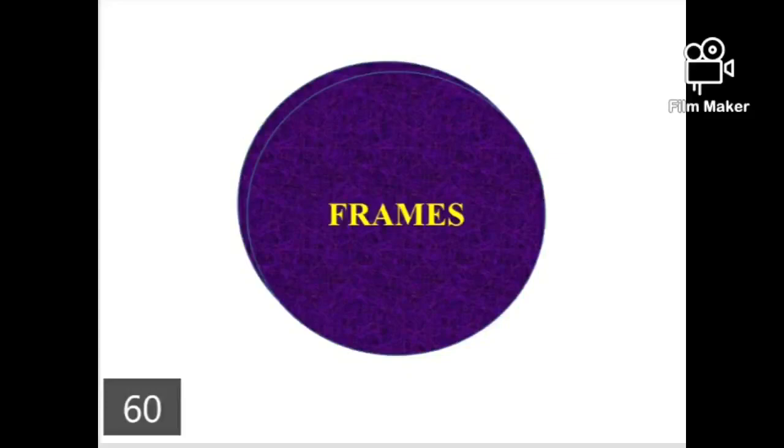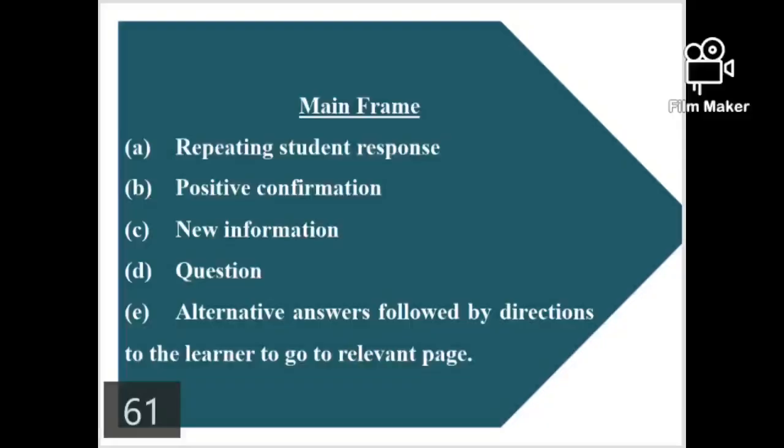Now let us have a look at the frames in branched programming. Frames. In branched programming, there are 2 types of frames. One is the main frame and the other one is the remedial frame. Main frame: repeating student response, positive confirmation, new information, question, alternative answers followed by directions to the learner to go to relevant page.